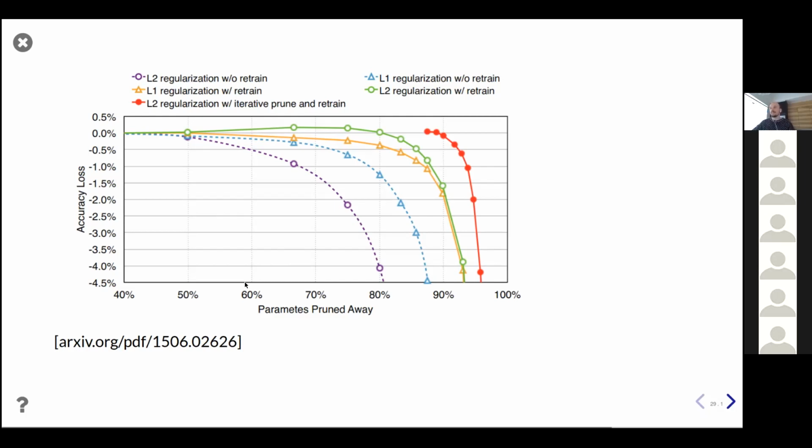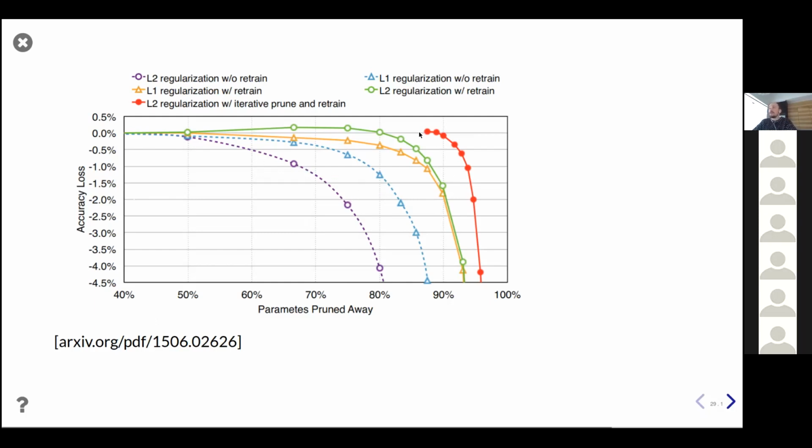This was a very early example of this type of pruning technique, from an era where you had these huge models like the VGG models and AlexNet, where it turned out that these models are not very efficient in their parameter usage, as you can see from graphs like this, where we look at the amount of parameters that we can prune away versus accuracy loss.